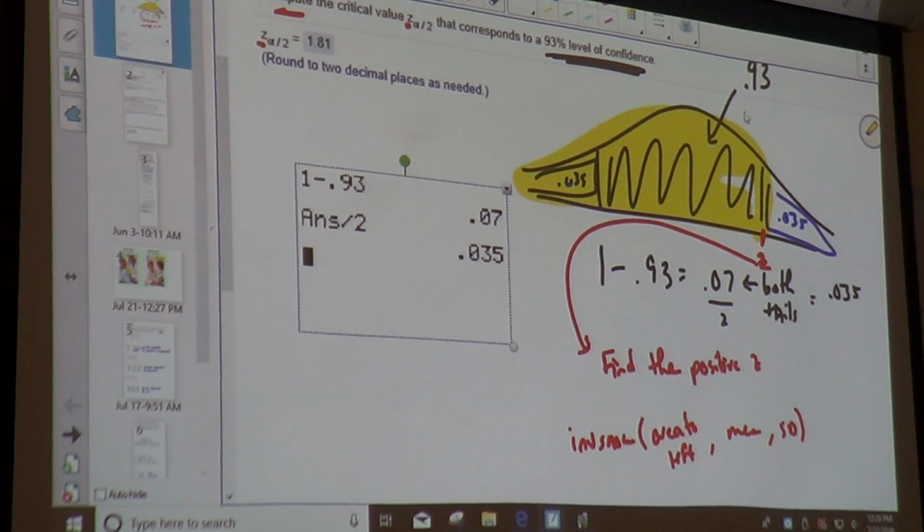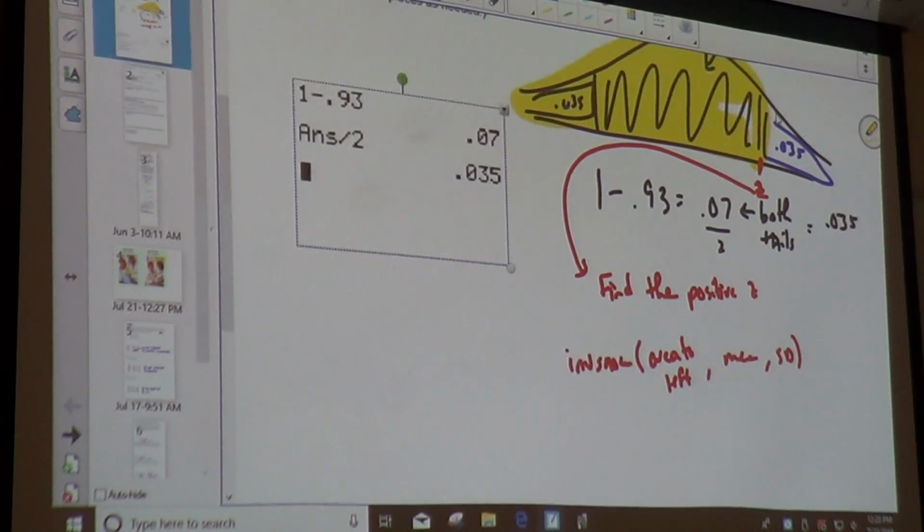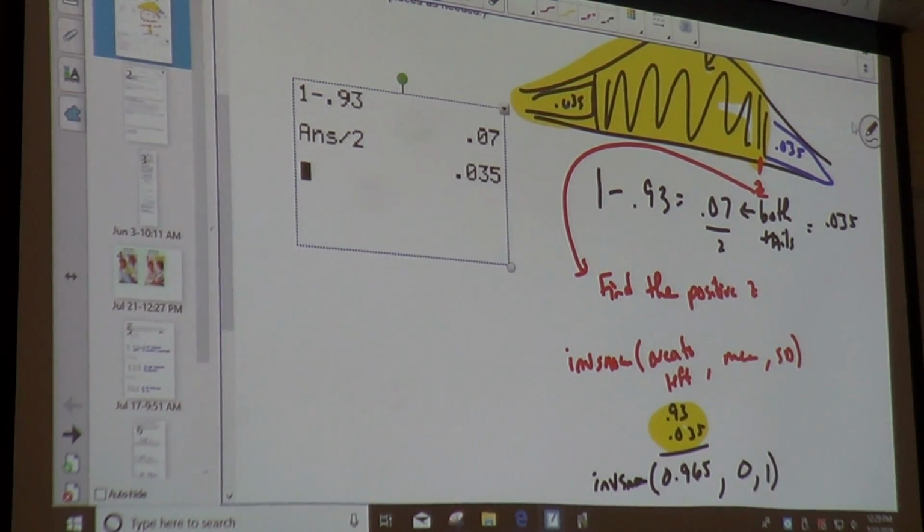So how am I going to get it? 0.93 plus 0.035, which is 0.965. What is my mean and my standard deviation going to be? 0 and 1, because it did not give it to me.